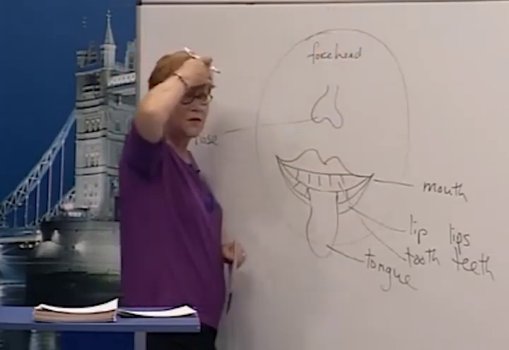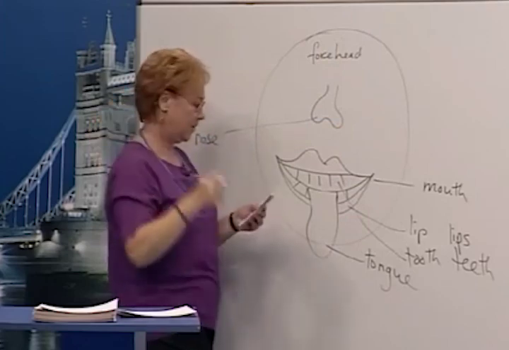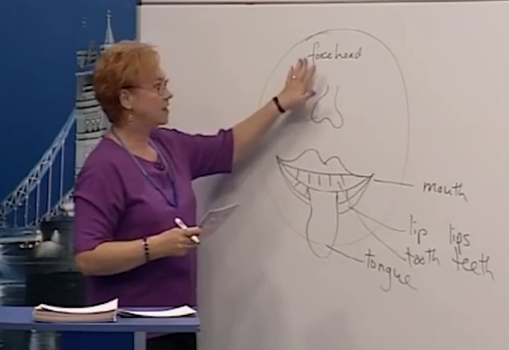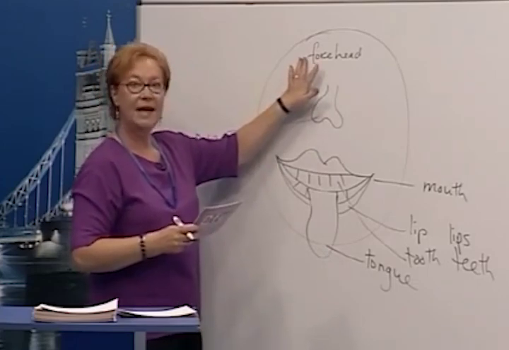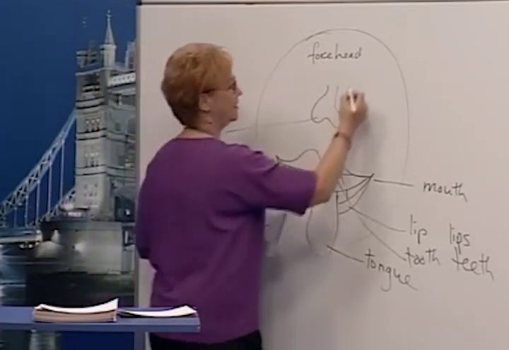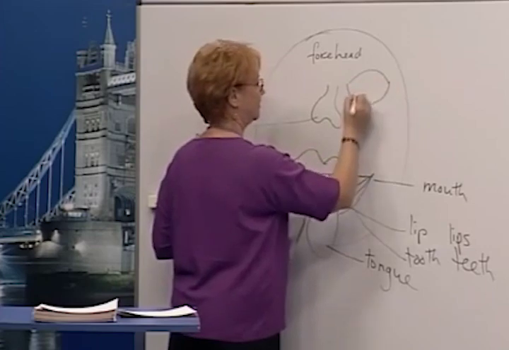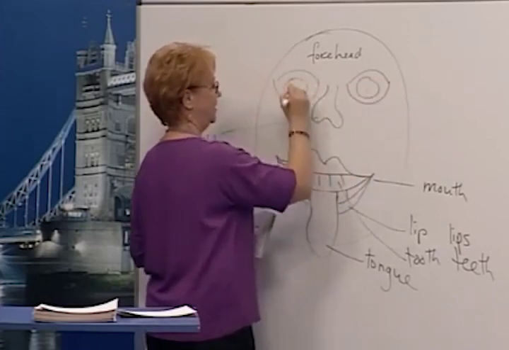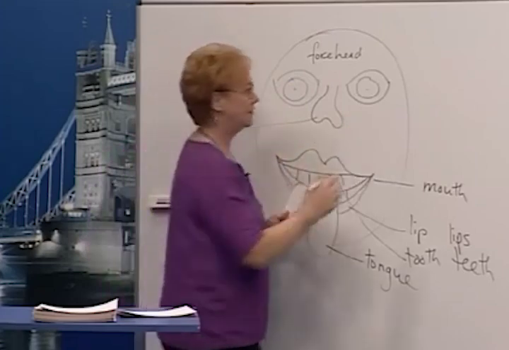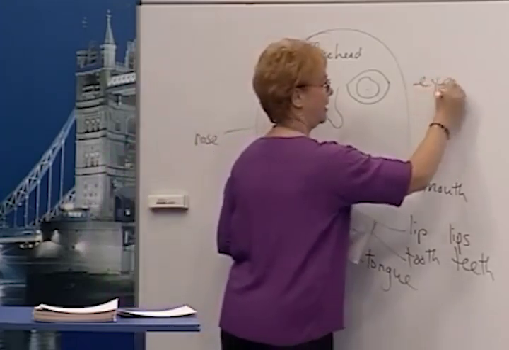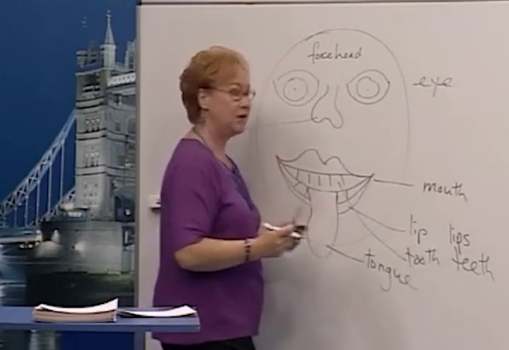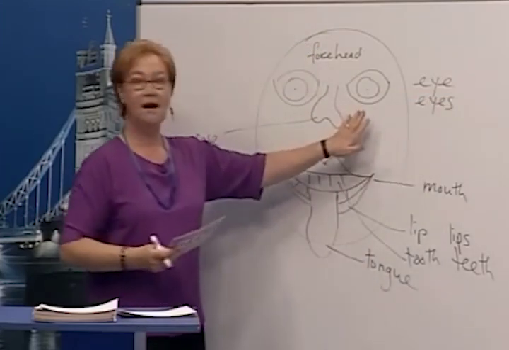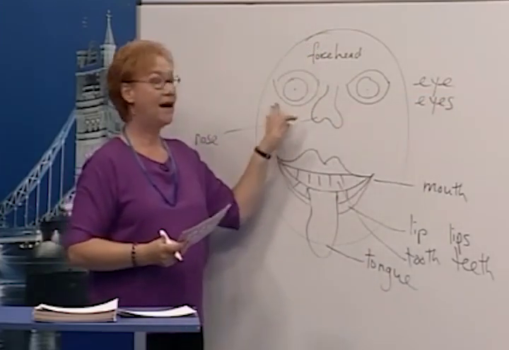So we have the nose, the forehead, and then we have the eyes. Eyes. One eye. Eye, two eyes.